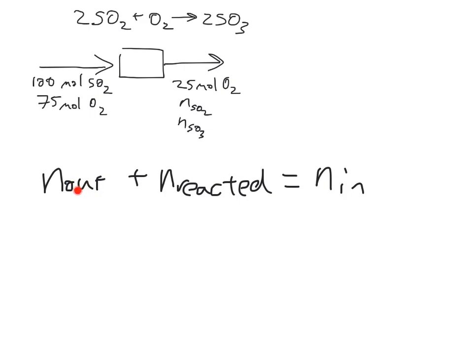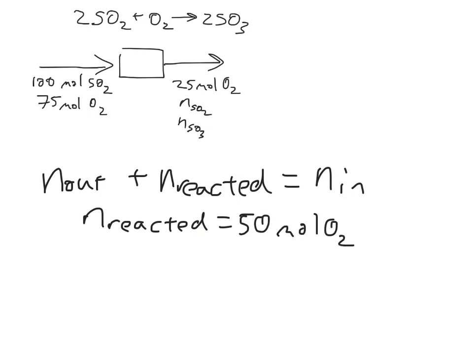The out is 25 moles of O2, and in is 75 moles. If we plug that in, we find that N reacted is equal to 50 moles. Using this value and the stoichiometric ratio, we can find out how much SO2 reacts away, and how much SO3 is produced.